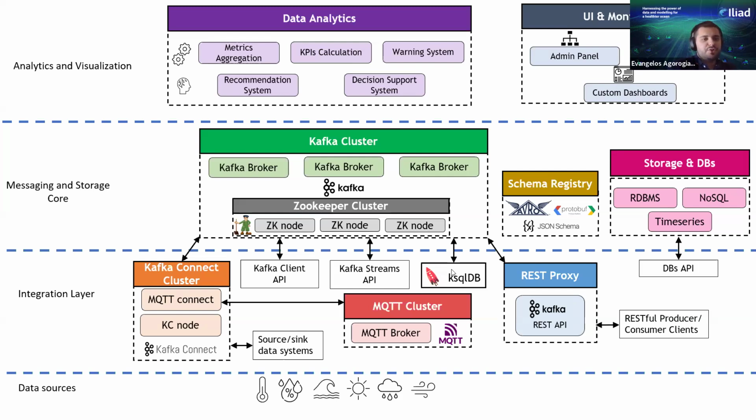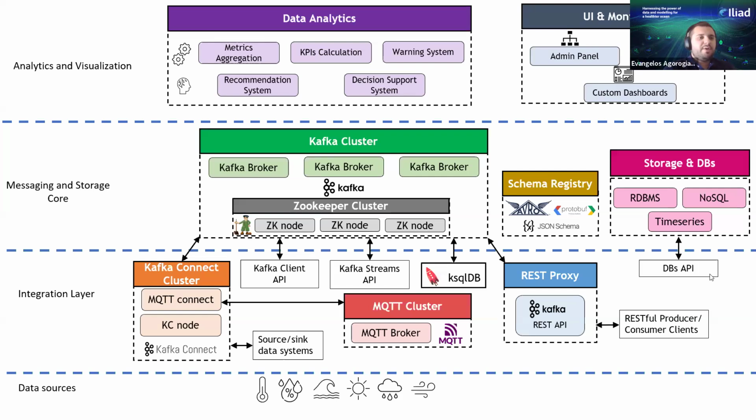We have, of course, a REST proxy, which provides an HTTP and HTTPS interface to Kafka in order to facilitate the integration of web-based applications. You can see here that we have some producer and consumer clients that are using RESTful interfaces.